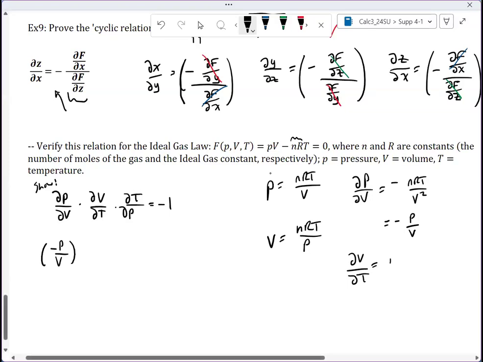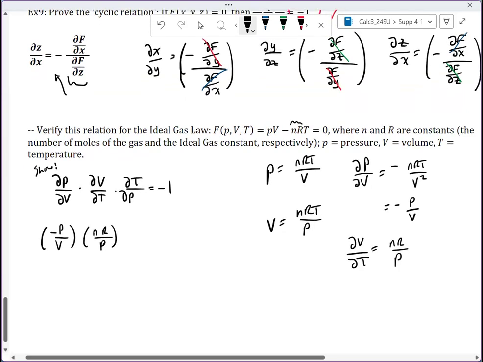This is nR over P. And what's the partial of T with respect to P? Well, how do we get T in terms of everything else? Well, T is PV over nR. Keep in mind, n and R are constant. Partial of T with respect to P is just V over nR.